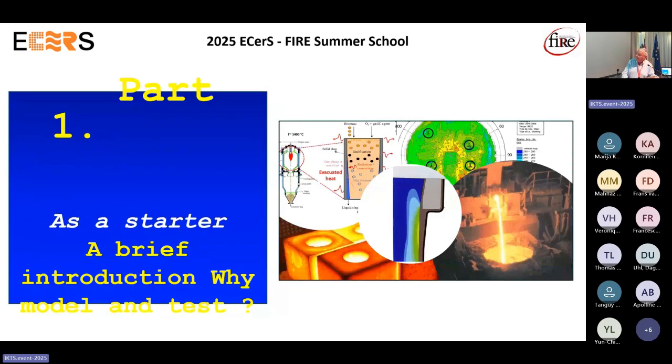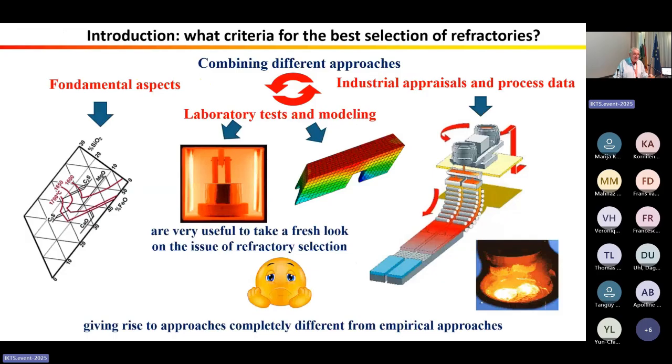So, the first part, as a starter, just a brief introduction: why models and tests. What is the main importance? The important thing is to have good criteria for the best selection of refractories.